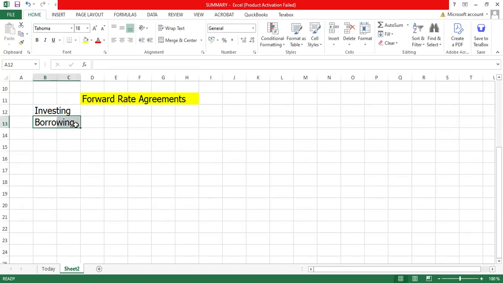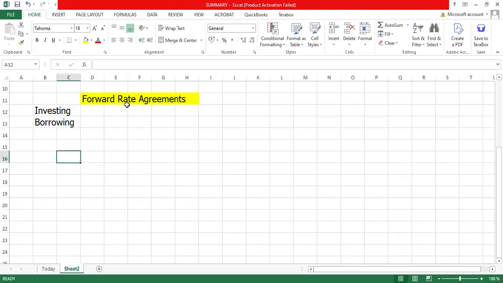If you are a borrower, your worry is about an increase in interest rate. Then if you are an investor, your worry is about a decrease, a fall in the interest rate. Because you as an investor, you want to maximize the return, the profits. But for you as a borrower, you want to minimize your interest expenses.